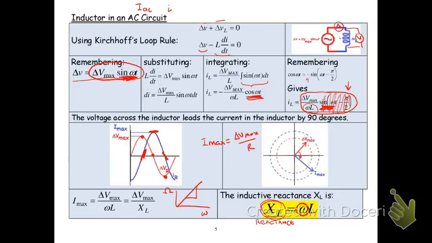What this tells you is that at high frequencies, this inductor is going to kill your current.